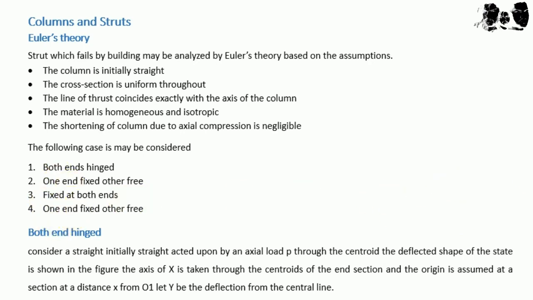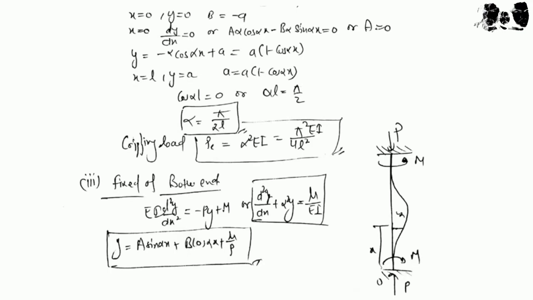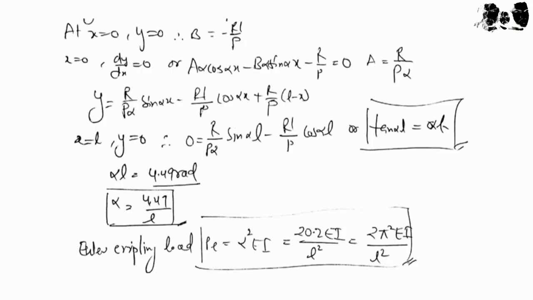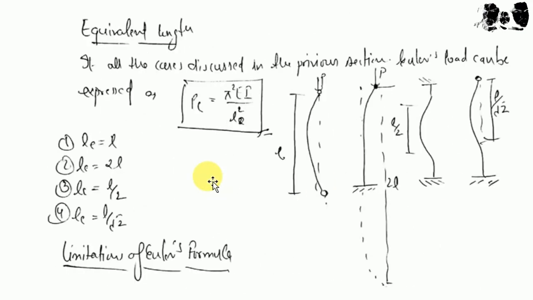So to find the generalized equation by putting a generalized value, we generalize the equation for different kinds of end conditions, and we can easily do this by seeing that in all four cases we have a length due to which the value of crippling load changes.